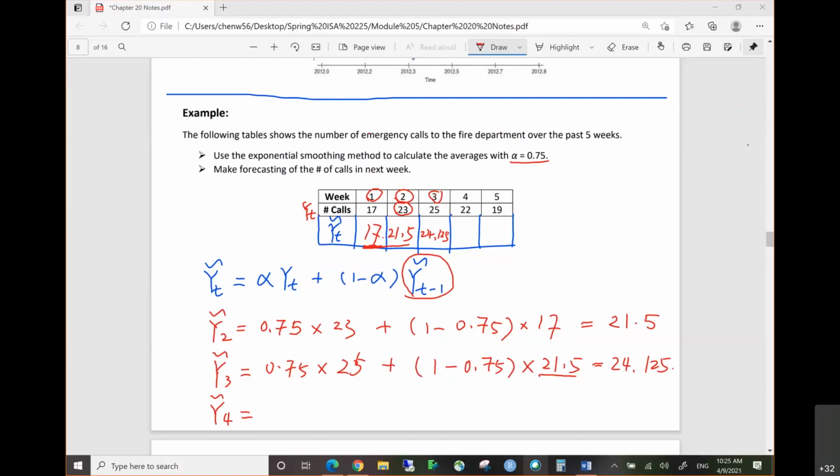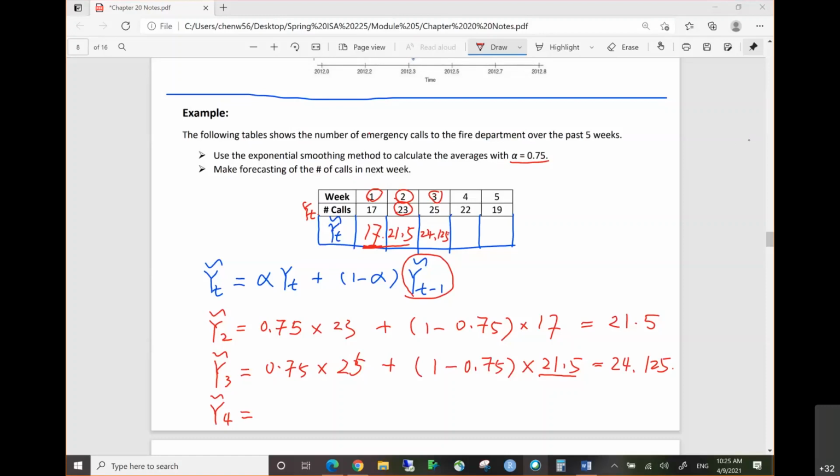The estimated value for week 4. Joe, so you want to try how to calculate this estimated value? I'm working on it right now. You can just show me the equation, right?